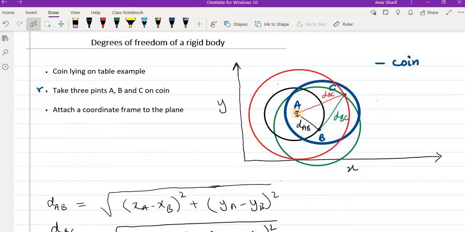We said that if there is only a point, let's say a point in a 2D plane, how many degrees of freedom will it have?